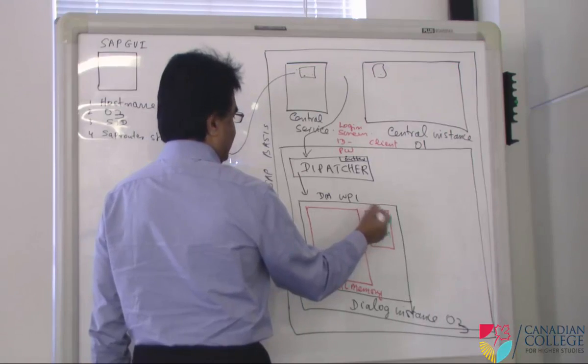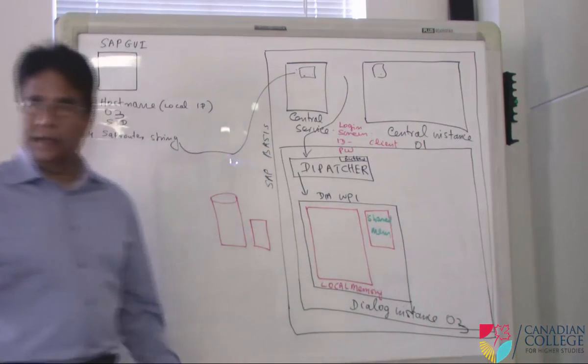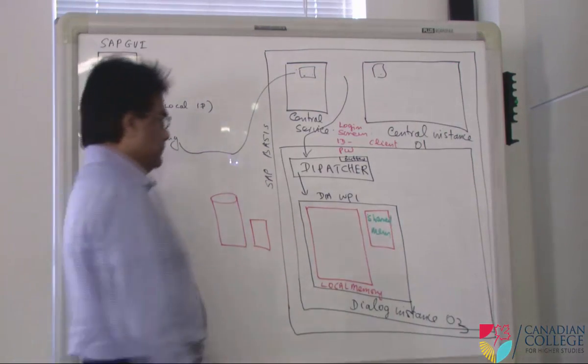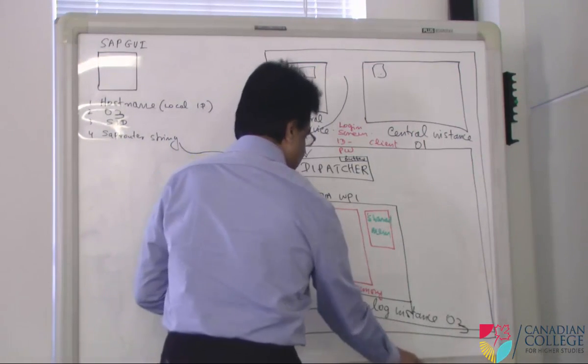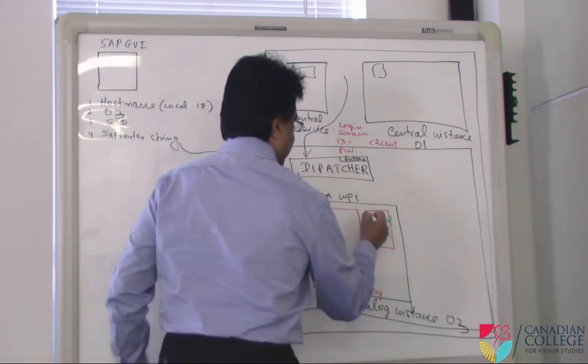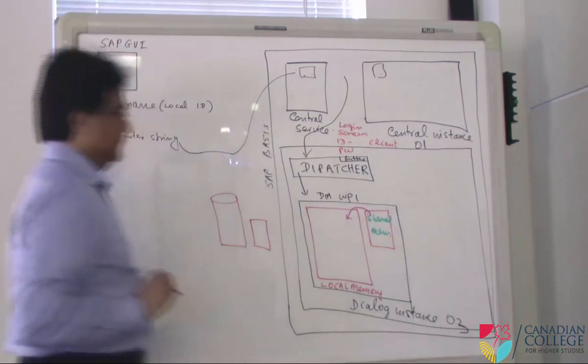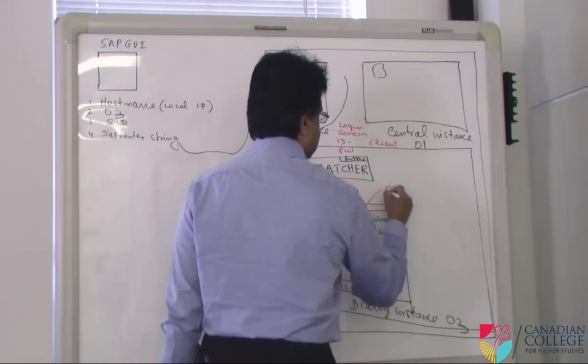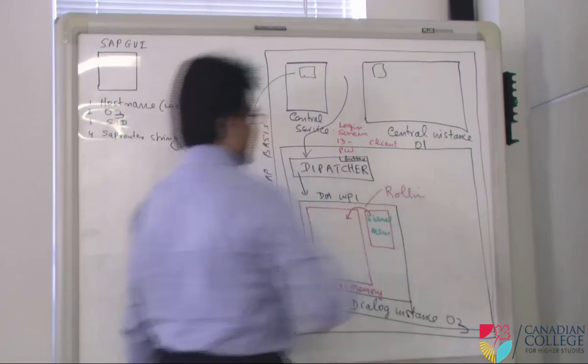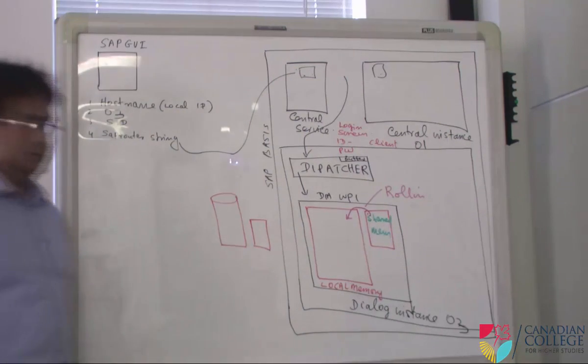So this guy logged in recently, right? So the information is there in the shared memory. So his information will be loaded from shared memory to the local memory. So that is called roll in.